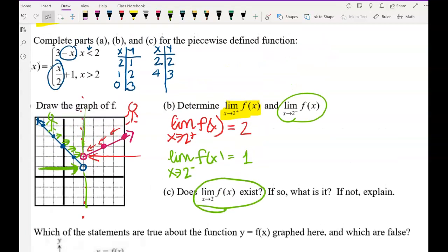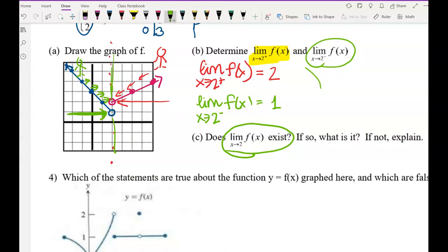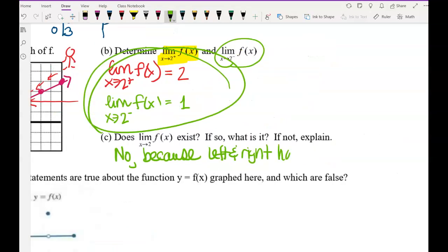Based on our definition, this limit only exists if the right and the left are exactly the same. And they are not the same. So therefore, no, because the left and right-hand limits are not the same.